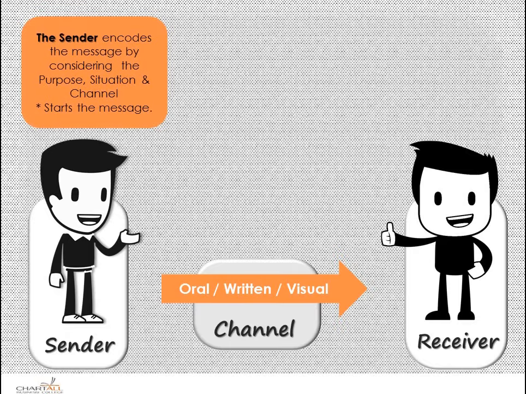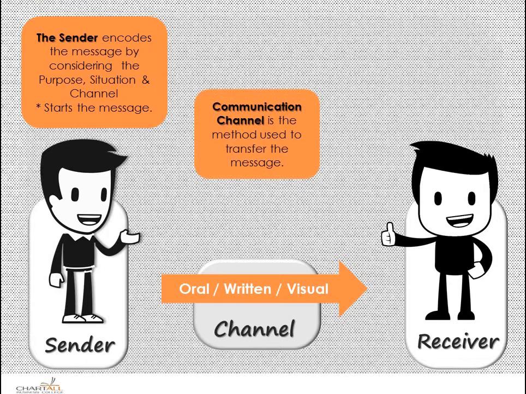Once the purpose has been identified, the sender encodes the message. To do this, he must think about who the receiver is, and he will decide on the best way to send the message so that it has the best chance of being received correctly. The communication channel is the method used to transfer the message, and the message can be transmitted visually, in writing, or verbally.